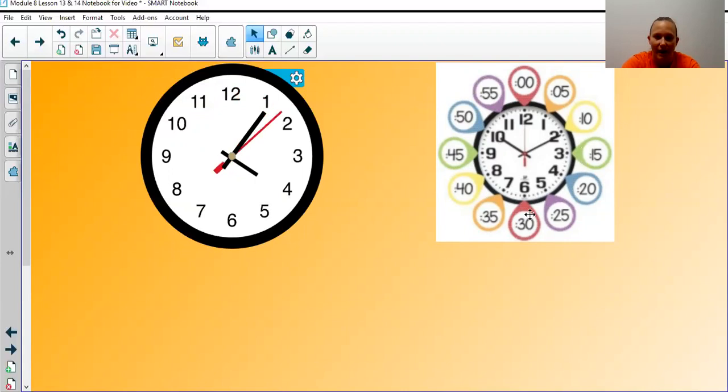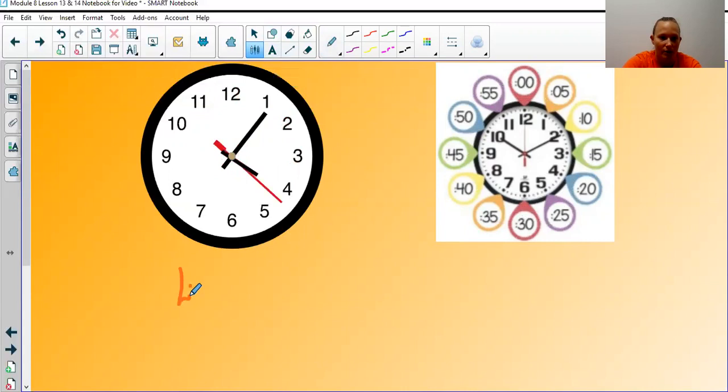Well, if I look over here at my 5-minute interval chart, I know the 1 represents 5 minutes, or 05. We would read this time as 4:05, or we could write it like this: 4:05, because it is 5 minutes past 4.